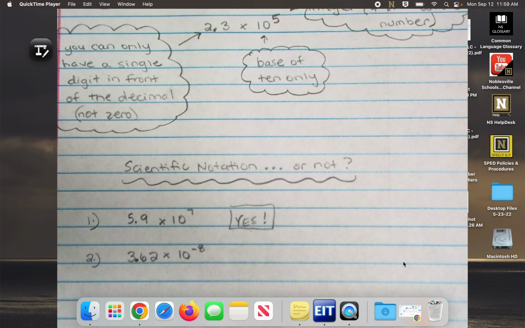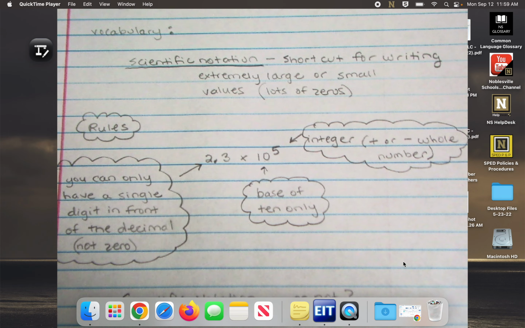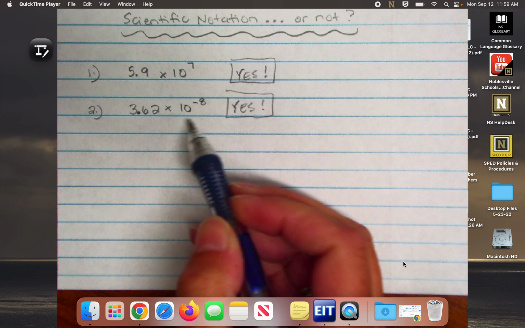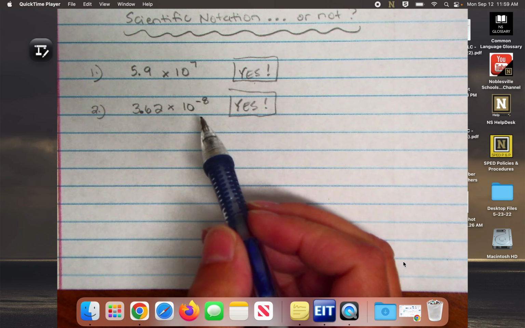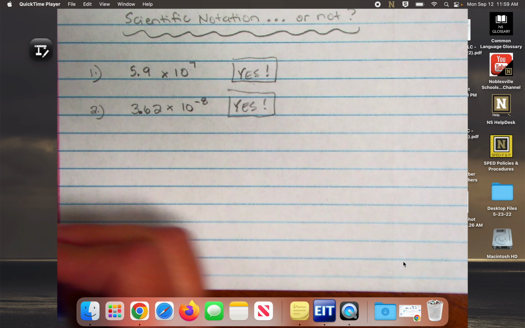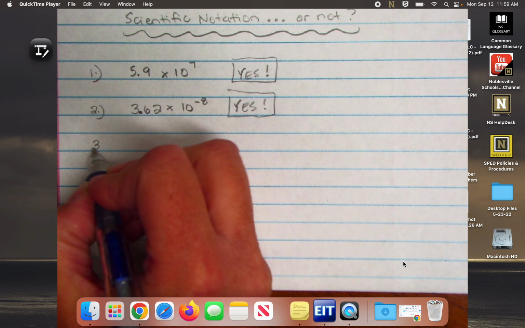It can be a positive or negative whole number. It can't be a fraction. So this is in proper scientific notation. This would tell me to continuously divide by 10, 8 times, and that's why the decimal shifts to the left, because it keeps making it smaller and smaller. But that's a very common mistake. That's why we're going over these.